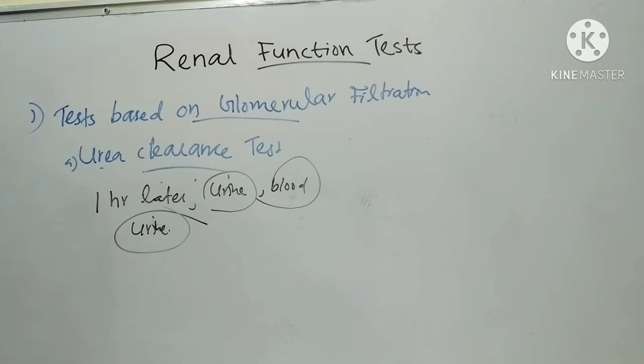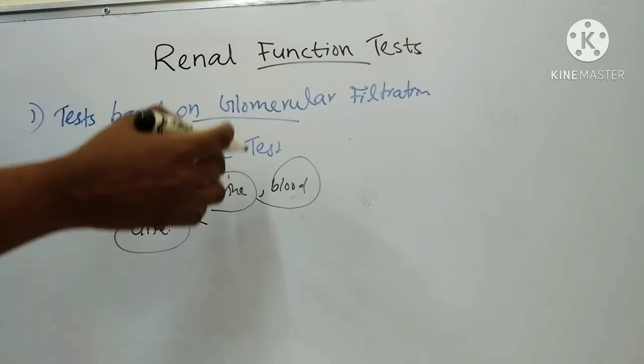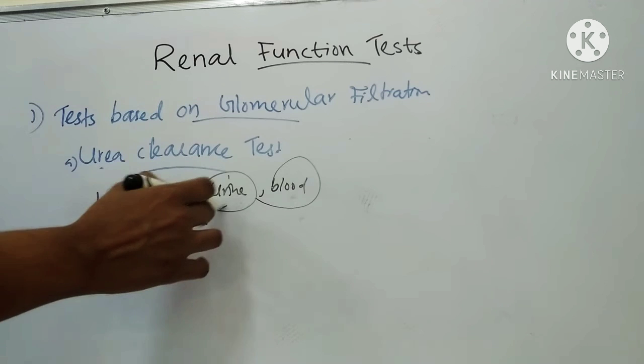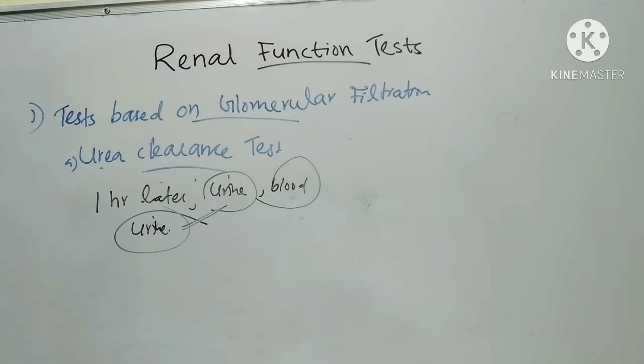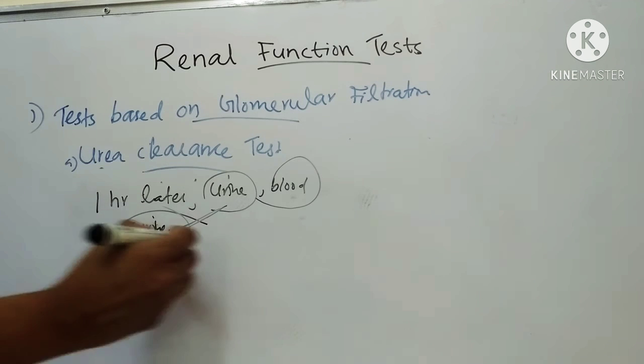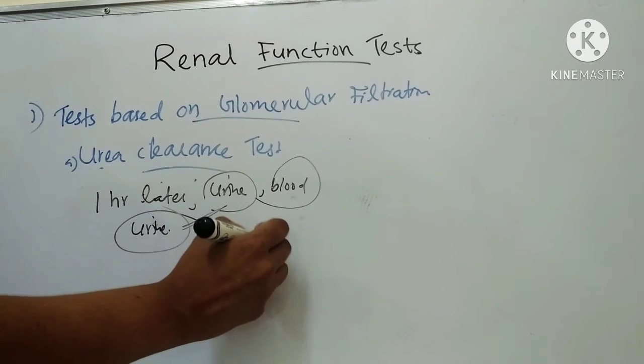The average value of the 2 specimens of urine is used for assessing the quantity and urea content of urine.